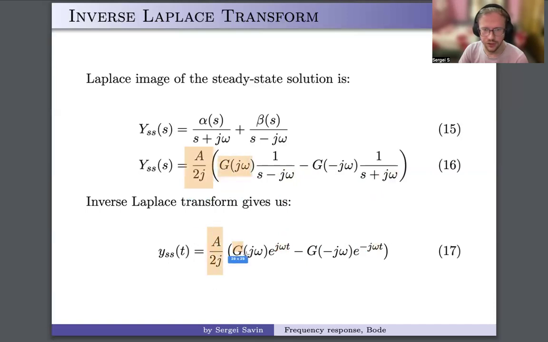This is transferred without any change. This is transferred without any change. All right, so hopefully you see how we arrived at 17. We just took the inverse Laplace transform, which requires a simple transformation table from the last lecture. All right, good.